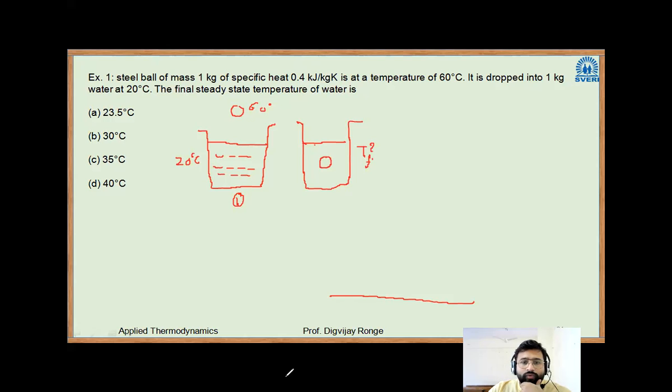From water to steel or steel to water? How will the heat transfer take place? Will it transfer from steel ball to water or from water to steel ball? Yes, steel ball to water.